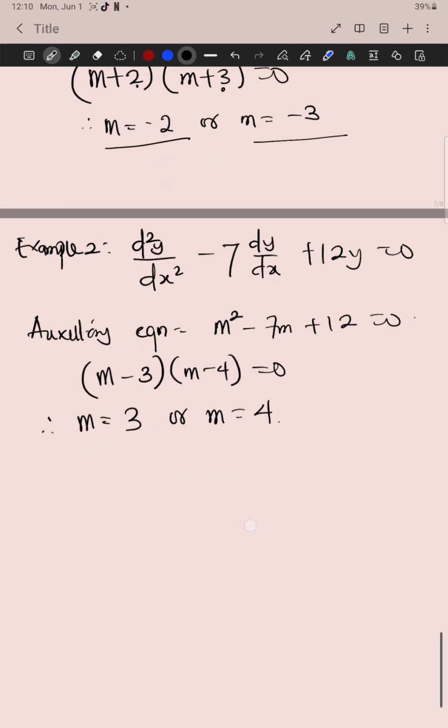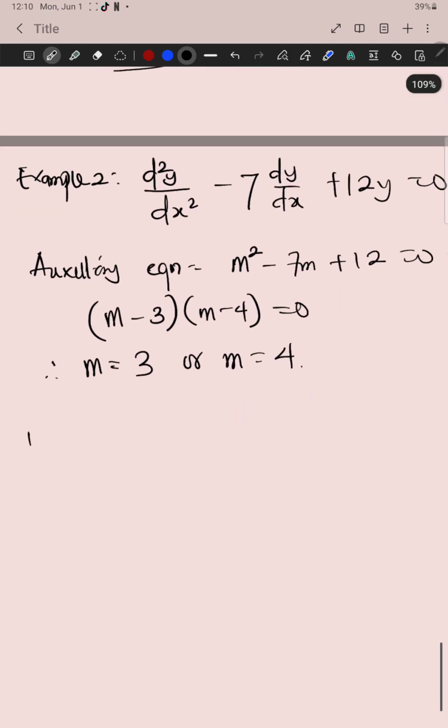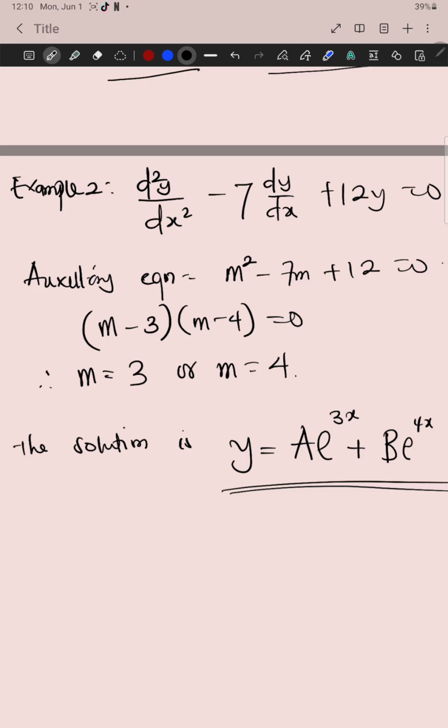So then the solution, let's bring that into perspective. The solution of this equation is y is equal to ae to the power of 3x plus be to the power of 4x. Did you see that? That's the solution. So you can see how dicey it is.